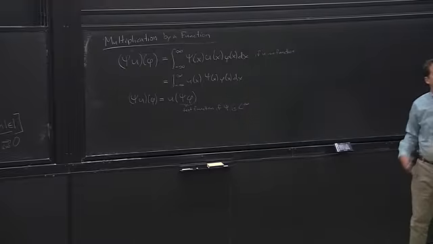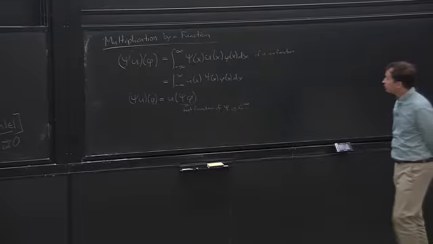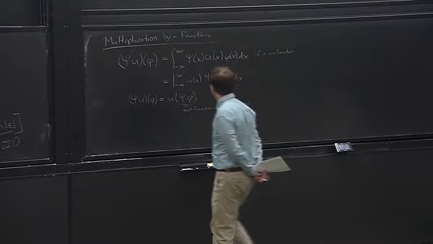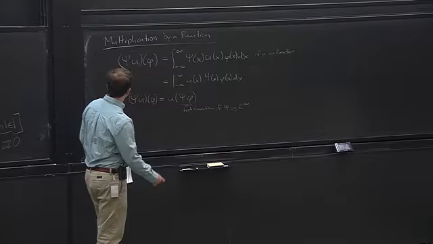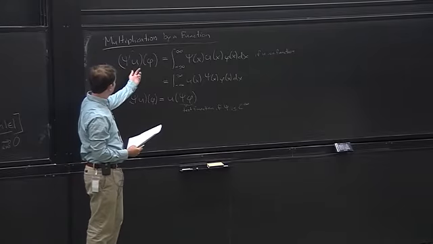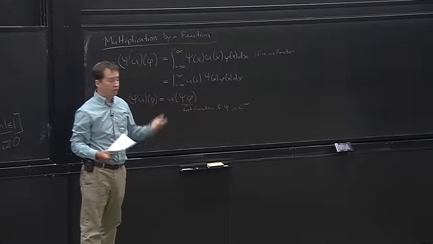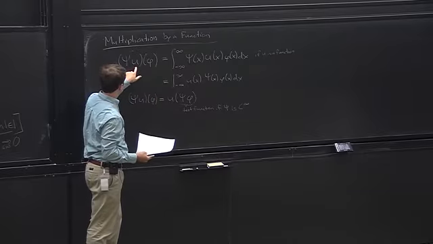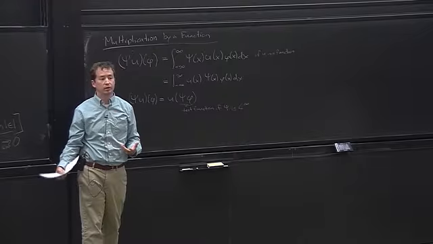Yes? By definition, I don't see in the first line why psi is within the integral. Isn't u the distribution acting on phi? So what we want to do is multiply. For now, we're assuming u is a function. And we want to multiply that function by another function and treat the product function as a distribution that's acting on the test function phi.